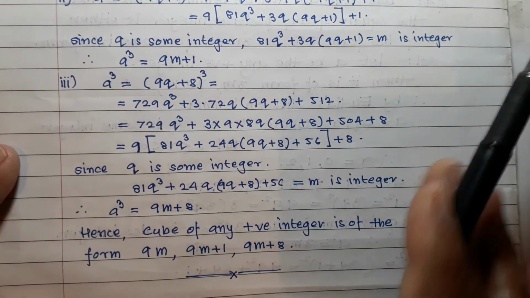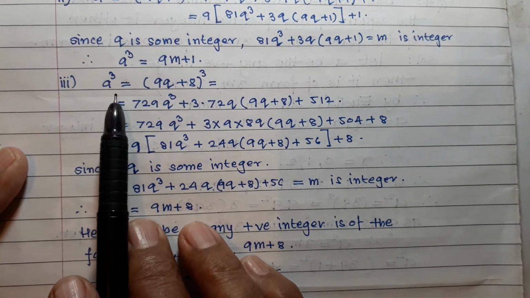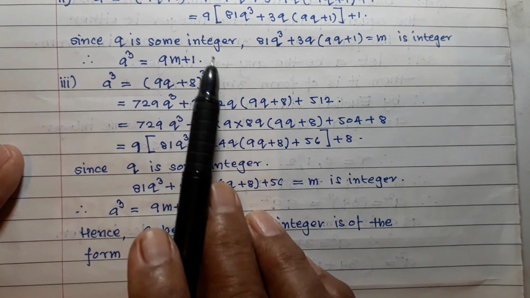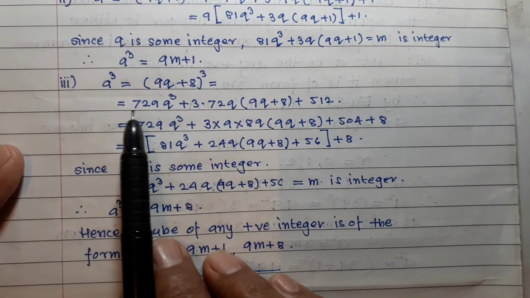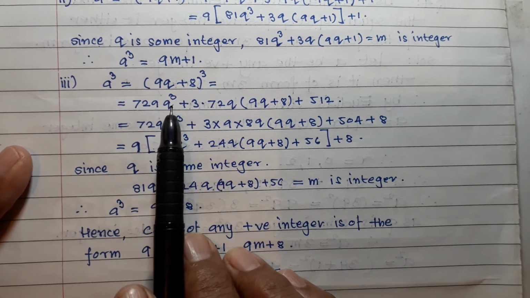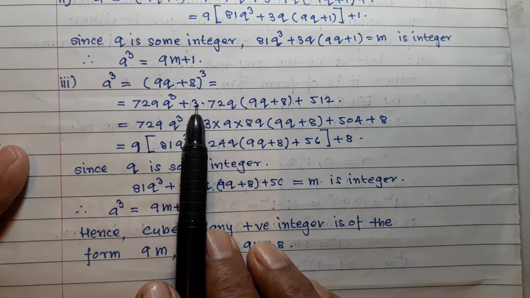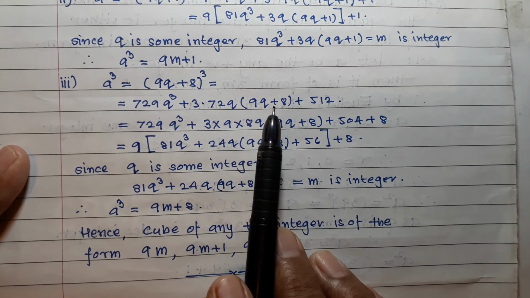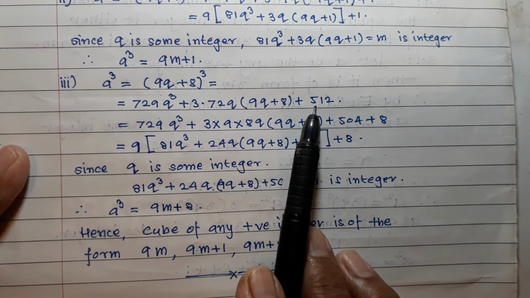Similarly, you can find a cube for 9q + 8. Expand this: 729q cube + 3 × 72 q square... plus 512.